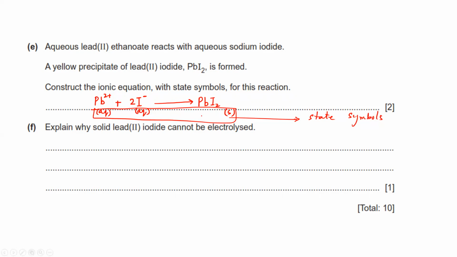Solid lead iodide cannot be electrolyzed. Solid lead iodide is a salt, and that does not contain free electrons or mobile ions, which are required for electrolysis.